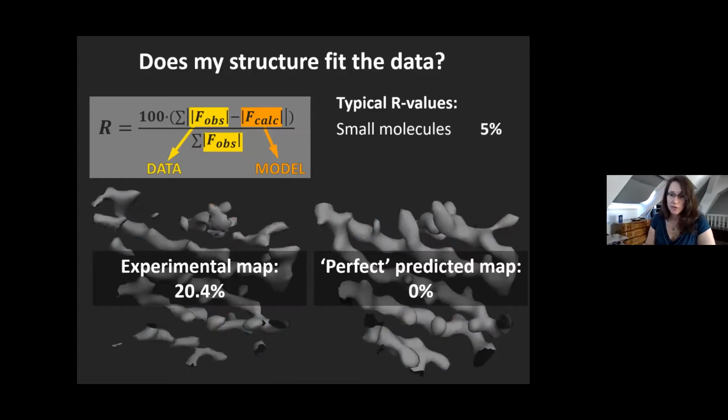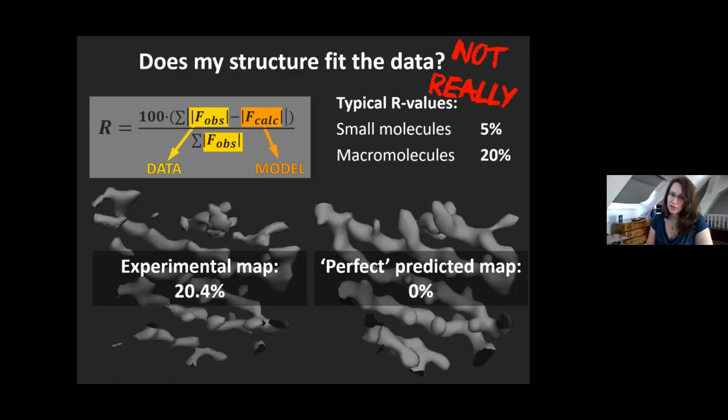Typical R values for small molecules are in the range of 5%, while for macromolecular structures, they're more like 20%. And this constitutes actually one of the fundamental problems my work group is dealing with when we are not researching coronavirus. The question: why do our models not fit the data? Either the data quality is bad, or we're missing something in our models, or the optimization between map and model isn't perfect.